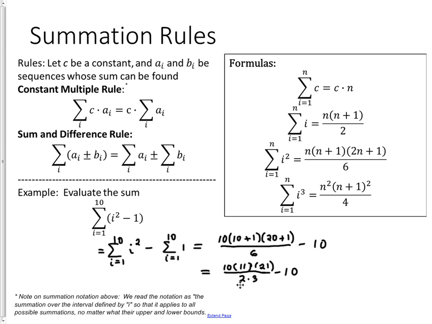I might note that when I work these out, 6 is 2 times 3, and 3 divides evenly into 21, and 2 divides evenly into 10, so we'll get 385 minus 10, which is 375, which is the summation of all of the terms if we were to take i squared minus 1 from 1 to 10. So these types of rules save us a lot of time.